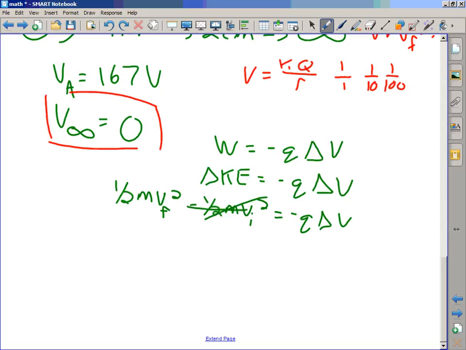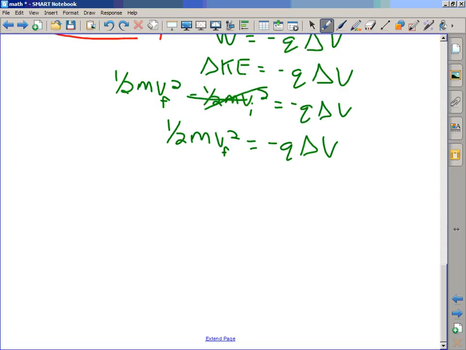That leaves me 1/2 m velocity final squared equals negative Q, change in voltage. Now let's plug in numbers here.